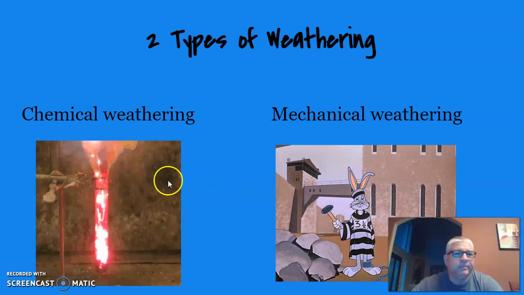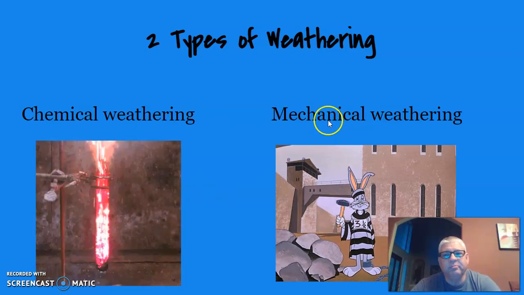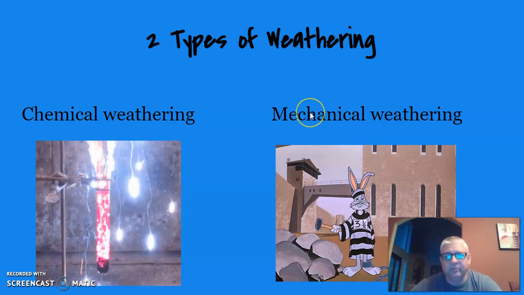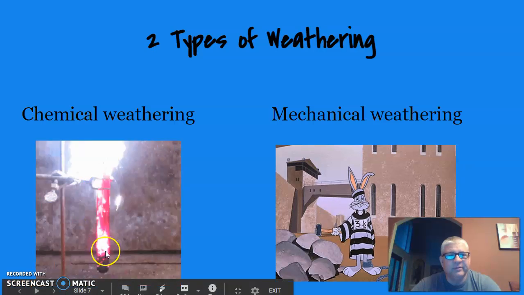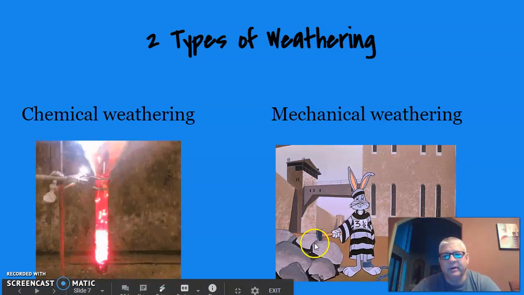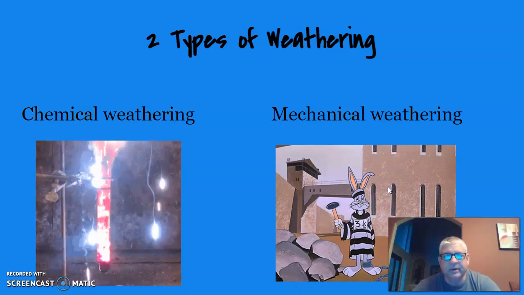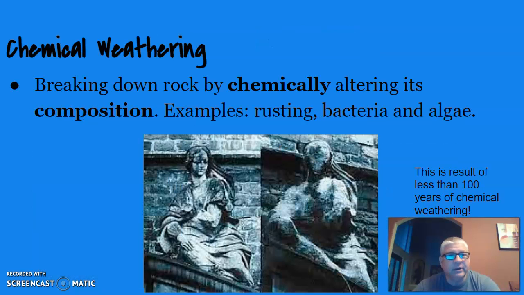Two types, chemical and mechanical. In our notes, I think we're going to call it physical weathering. Here are perfect examples of something chemically taking place, and another one is that rabbit breaking the rock by mechanical or physical means.